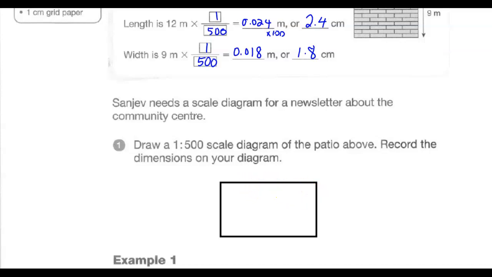I can't do that when I'm on my computer like this, but you can get a ruler out and measure 2.4 and then compare to 1.8. And then label them. So this would be 2.4 centimeters and 1.8 centimeters. Okay, so they want an actual scale diagram, so you do need to use a ruler.